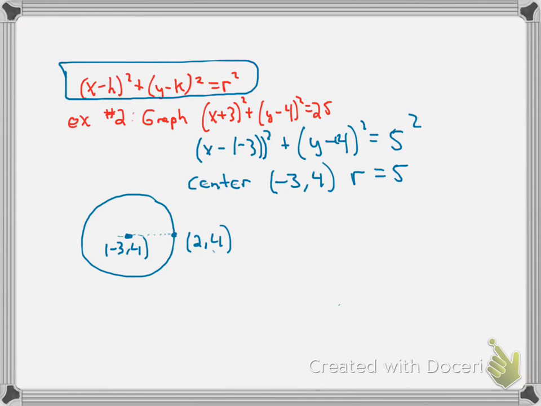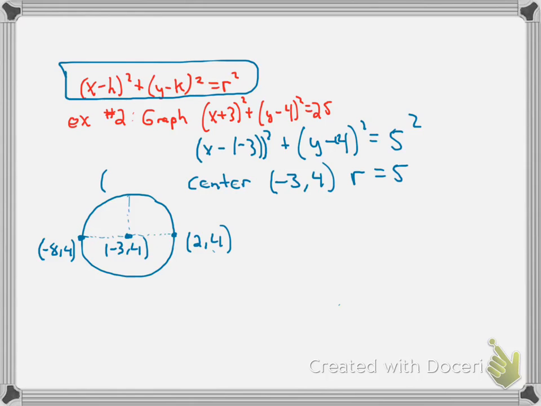I could have gone the other direction horizontally. I could have subtracted 5, and that would put me at this point, which would be -3 minus 5, -8, 4. I could have gone up 5 units from (-3, 4). That would increase the y coordinate by 5.